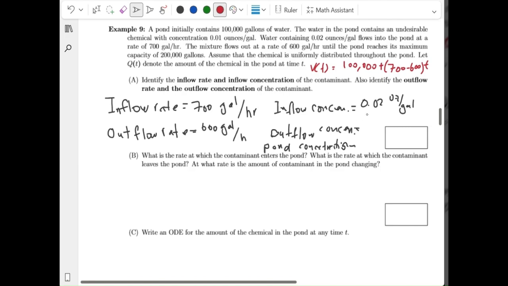So we will have the amount in the pond, which we're trying to find at any time t, divided by that volume, which is 100,000 plus 100 t.